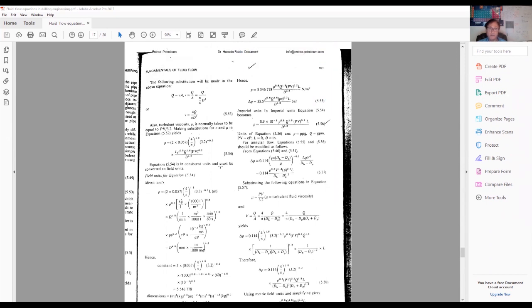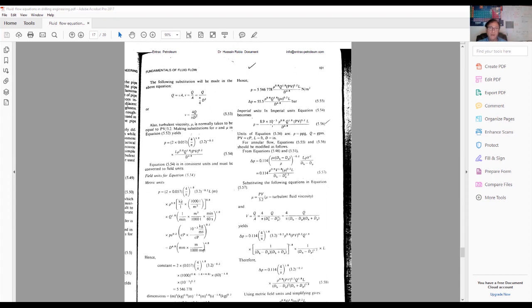So this is the final equation in bar, and this is the final equation in psi. So it's 8.9 times 10 to the minus 5, density 0.8, Q 1.8, PV 0.2 times L divided by the pipe inside diameter 4.8. So this is the equation for turbulent flow inside pipes.